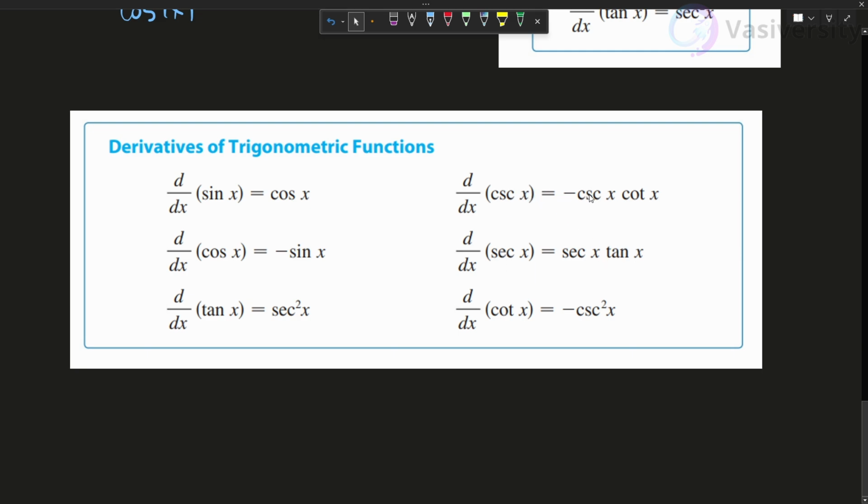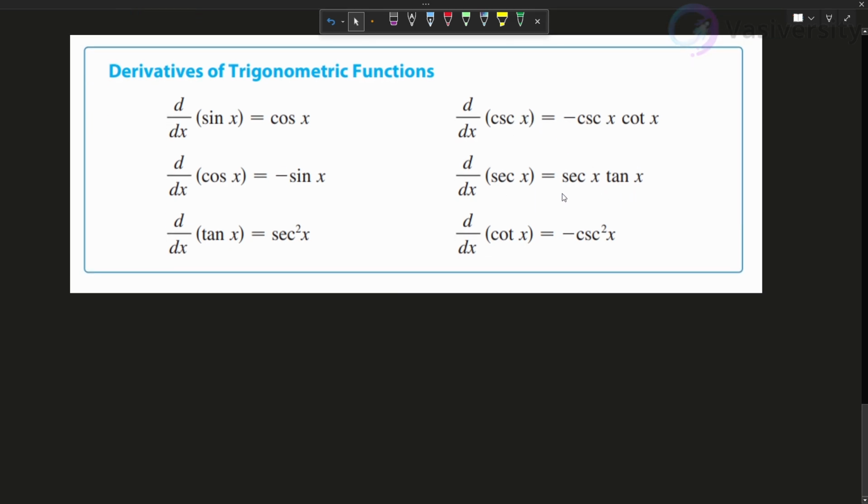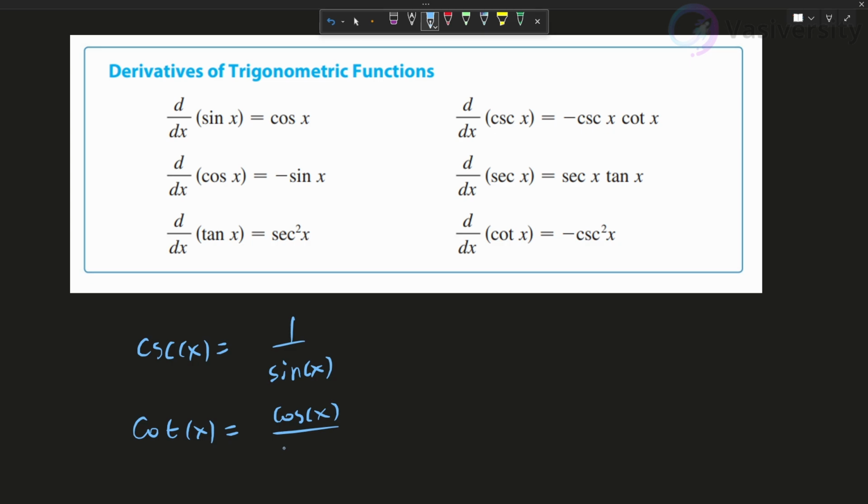Cosecant is negative cosecant x times cotangent x. And cotangent is negative cosecant squared. And recall that cosecant of x is equal to 1 over sine x. Secant we already know, and cotangent of x is going to be cosine of x over sine of x.